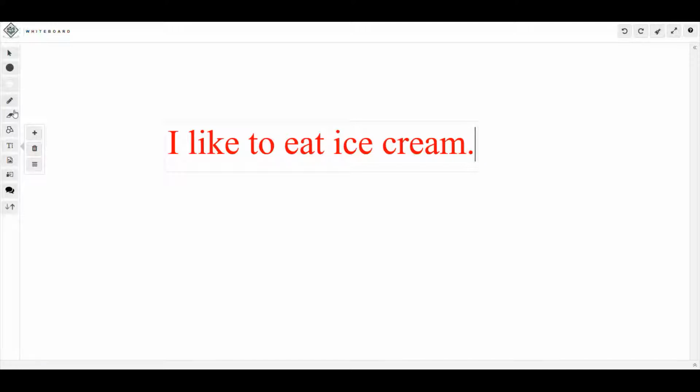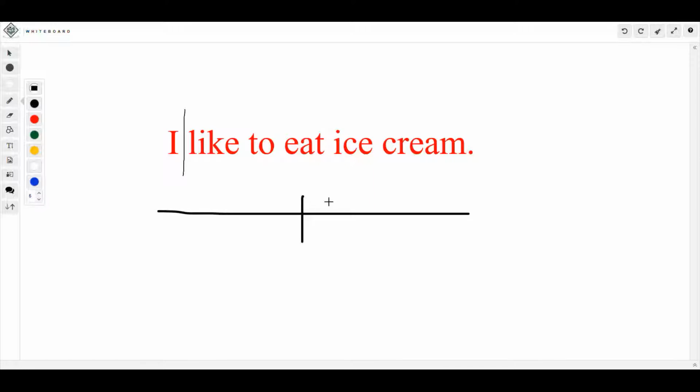I sure do. All right, so now I'm going to put my line right here because this is my subject and this is my predicate. And then I'm going to diagram my sentence. Ta-da! There's my sentence. Okay, so that's what you should do at the bottom for yourself.